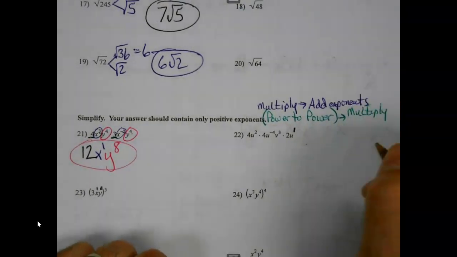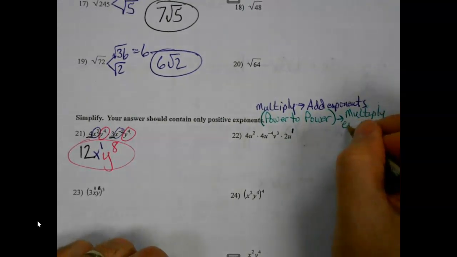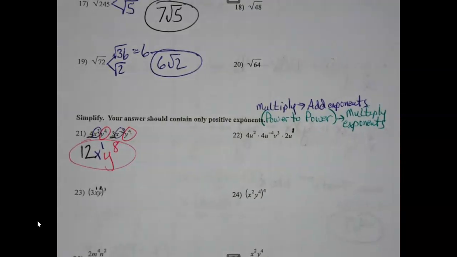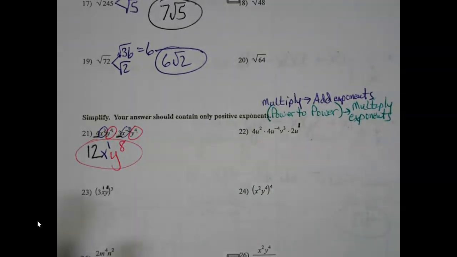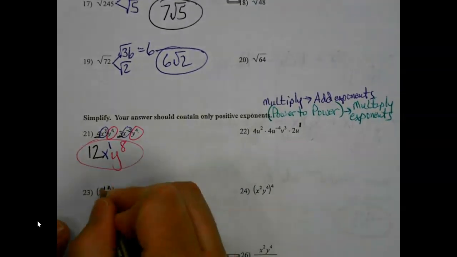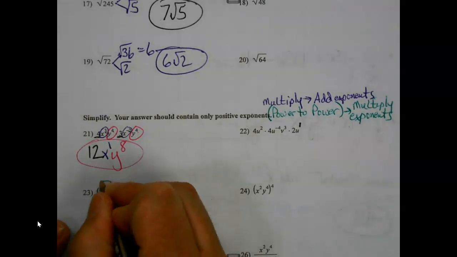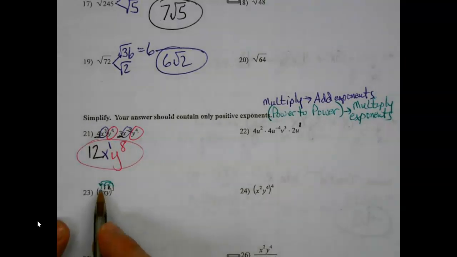Since I'm trying to give you some hints here, this might be something to put in the notes. So here, whether it's a number or a variable, you're multiplying the exponents together.